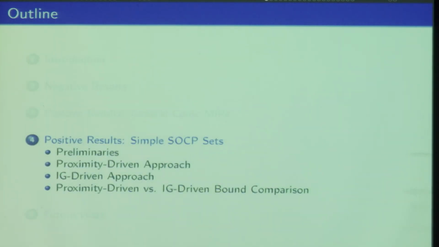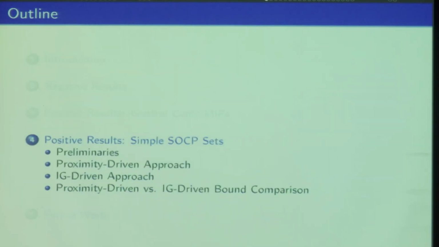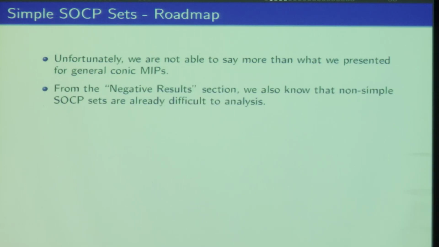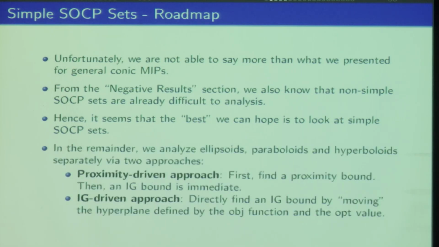Now, in the rest of the talk, I will focus more on so-called simple SOCP sets. And this is the reason. Unfortunately, we couldn't get many more results for general conic MIPs or convex MIPs. And you may remember that for SOCPs, even two constraints are not that good. So that leaves us the only option of looking at simple sets defined by a single SOCP constraint.